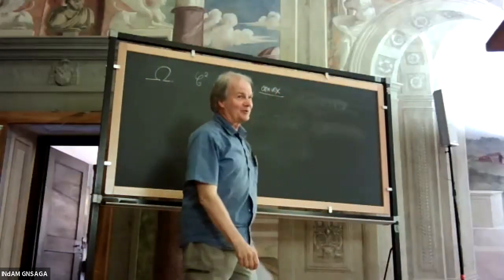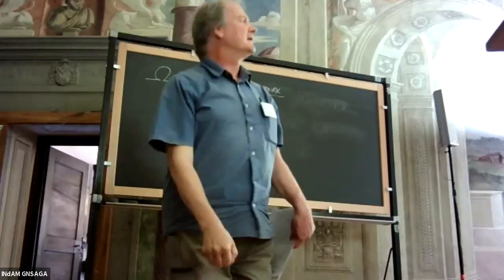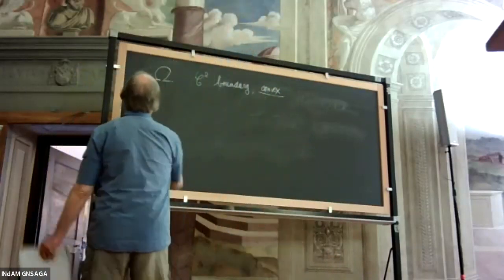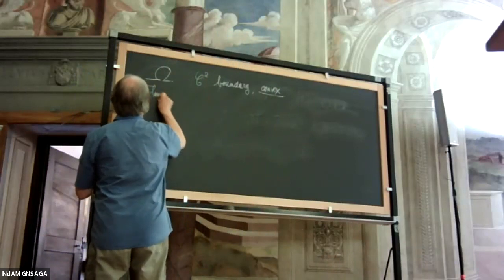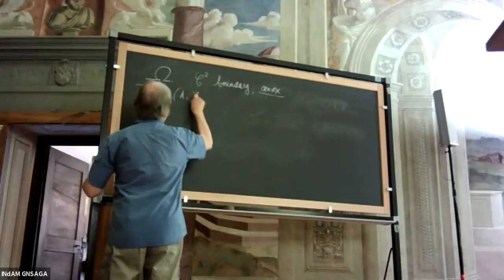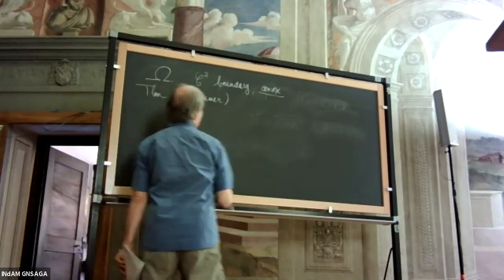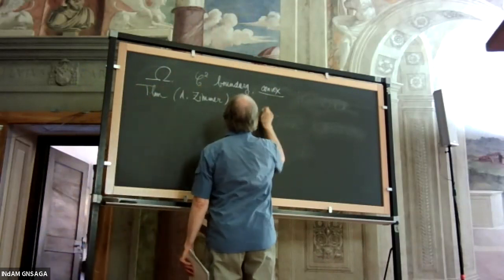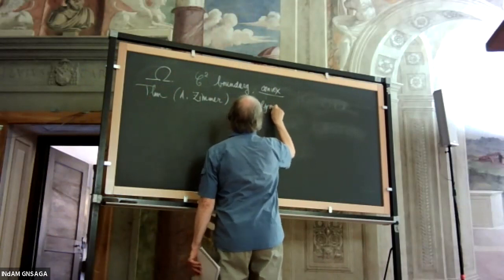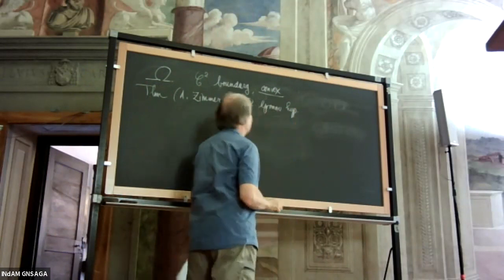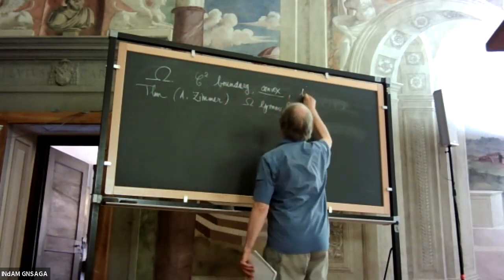Convex is a very strong restriction, and in that case, there is this great theorem by Andrew Zimmer that omega is Gromov hyperbolic. I always mean for the Kobayashi distance.